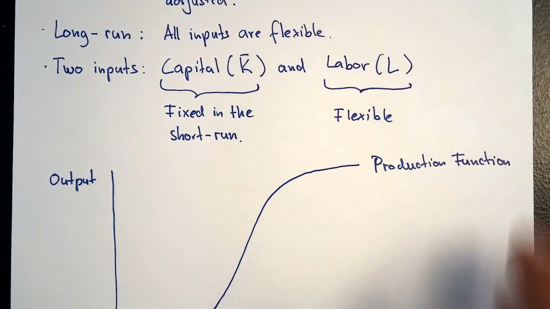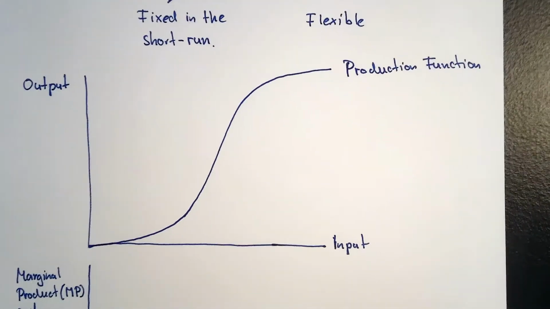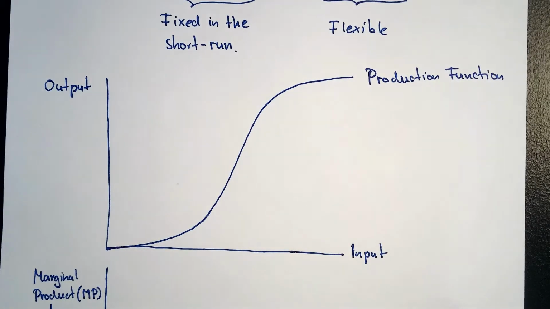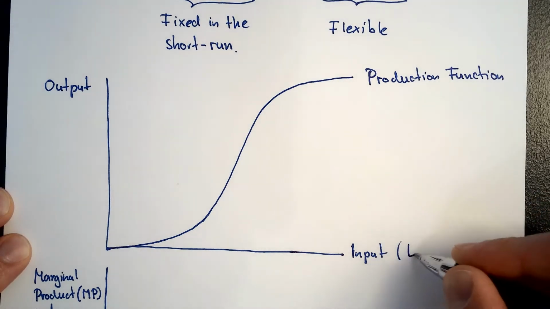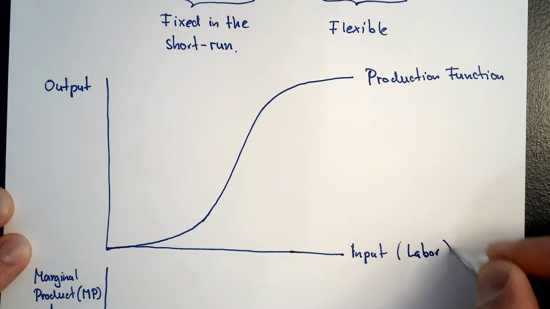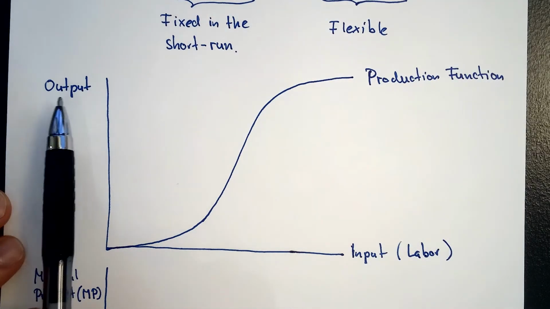When we look at the production function in the short run, the advantage is that I can actually represent it in a two-dimensional graph. In the sense that we have the input, let's say that this is labor in the short run, and that we have the output.